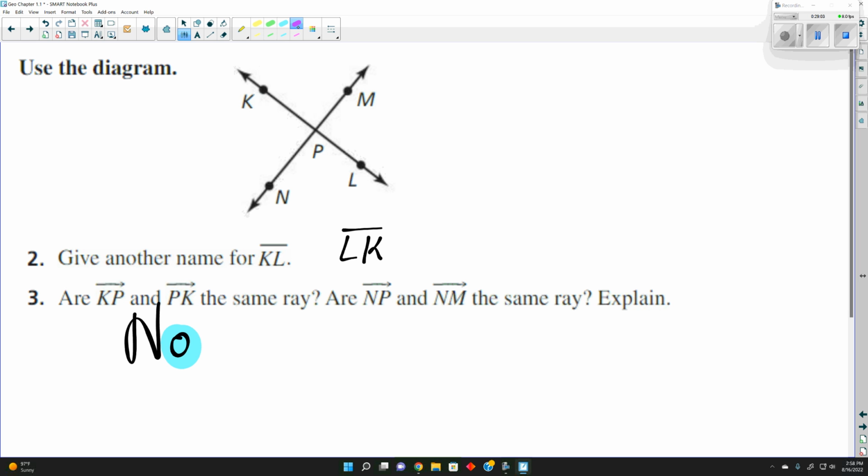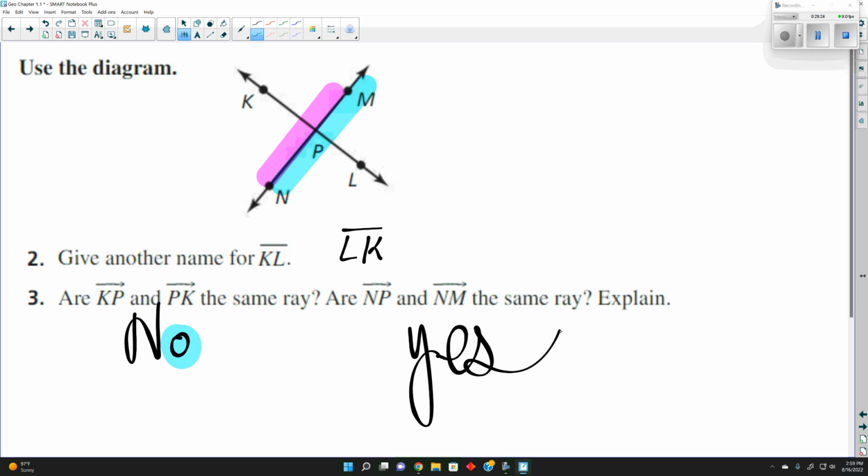Are NP and NM the same ray? So what's NP? NP, yes, and we continue this way. Then the other one is NM, so are these the same ray? They're on the same line, but they wouldn't be the same ray because they've got opposite ways. It would be yes.